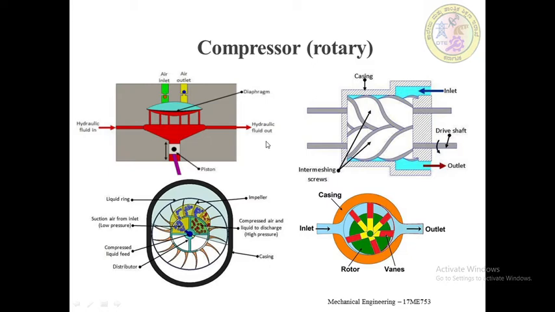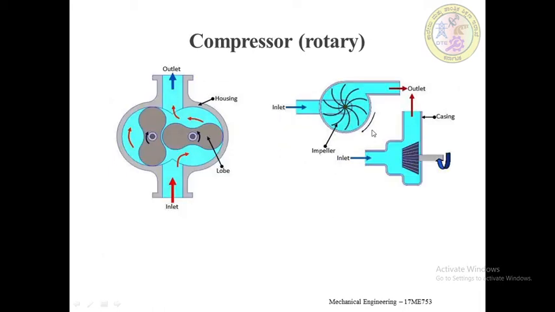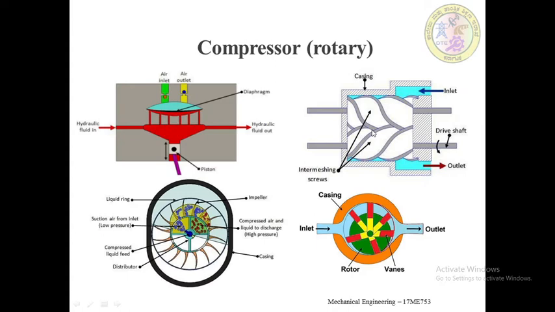It has two meshing screws, as these helical grooves are shown in these images, that mesh so that the space between these screws acts just like a nozzle, means the area is reduced. So from inlet to outlet, only then the action of compressing will be taken.